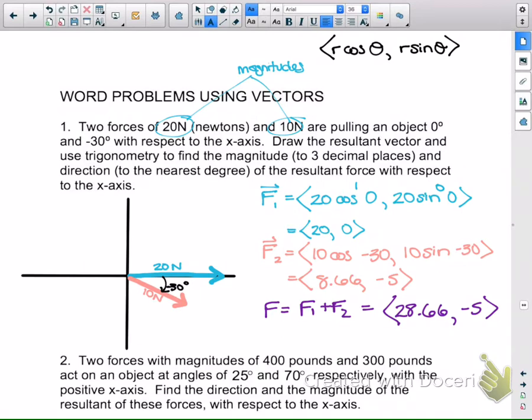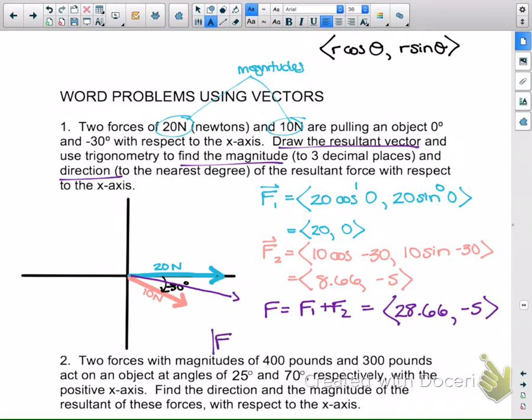It asks us to find two things for this. Draw the resultant vector, which would be somewhere in the middle of here-ish. Find the magnitude and find the direction, which we haven't done yet. Okay. We should know how to find the magnitude of that vector. How do I do that?